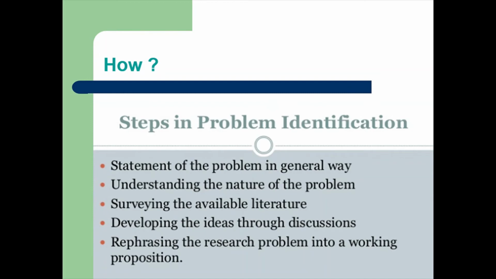This is very important. If you understand the nature of the research problem, you will be able to develop a solution to the problem. Okay, so let's be more specific here. Now let's go to surveying the available literature. I was mentioning RRL a while ago, so do a search in the web or in the library.